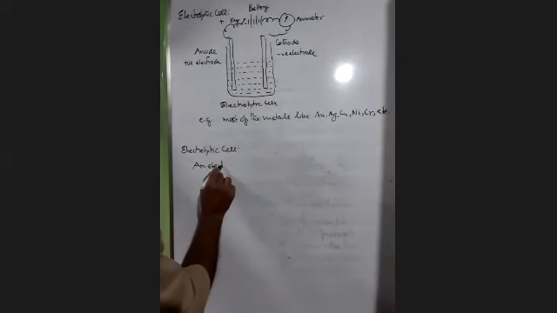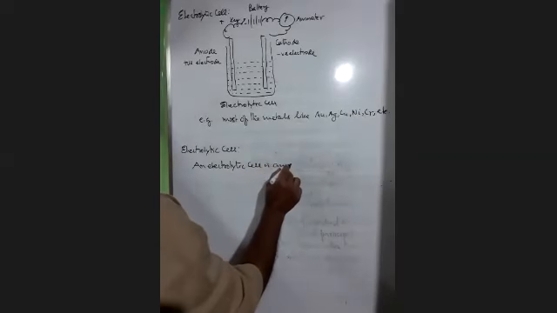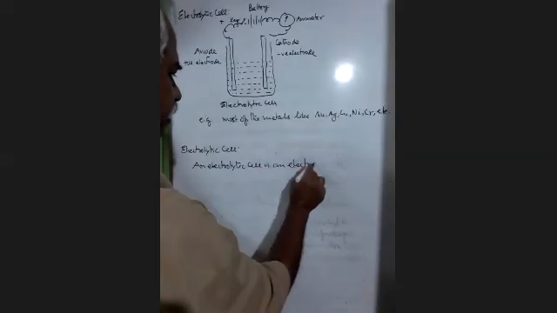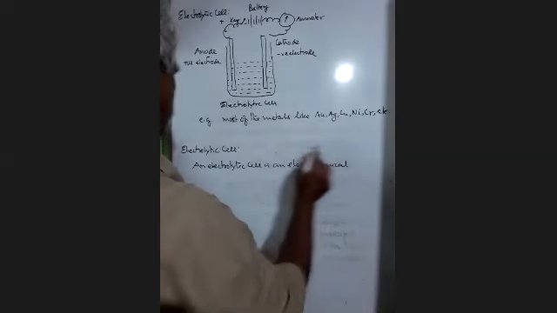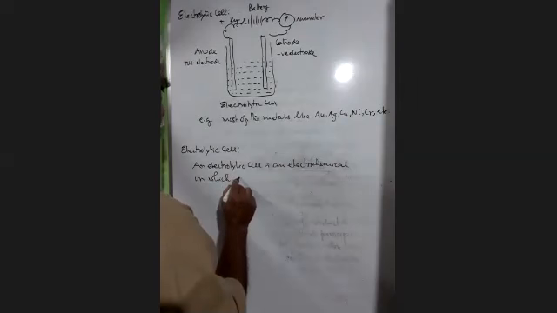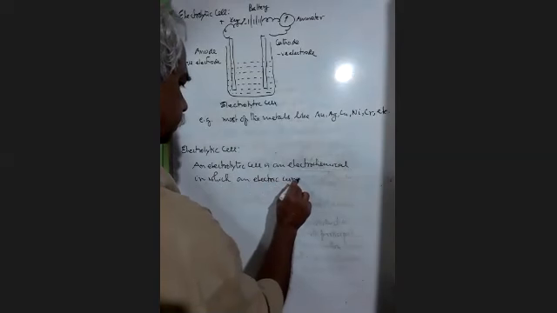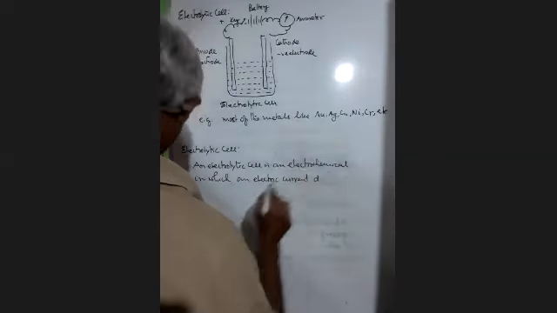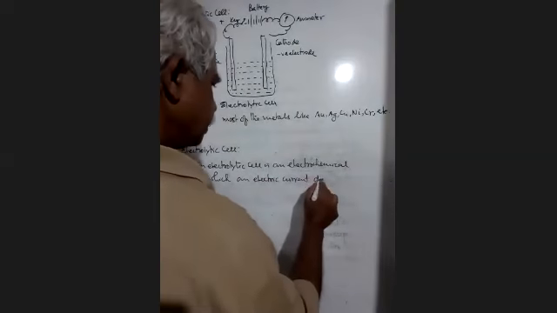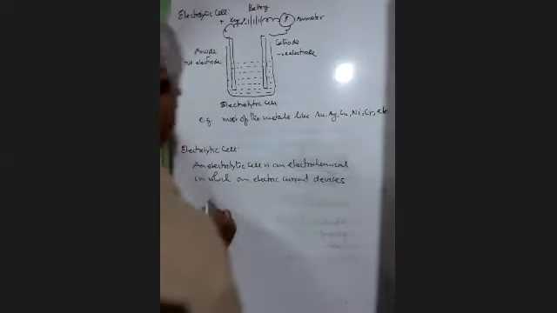An electrolytic cell is an electrochemical cell in which an electric current drives a non-spontaneous redox reaction.